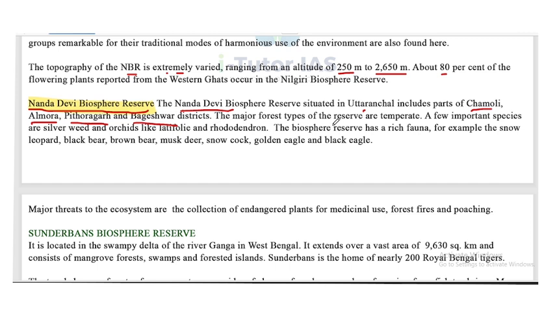The major forest types of this reserve are temperate. A few important species are silverweed and orchids like latifolia and rhododendron.